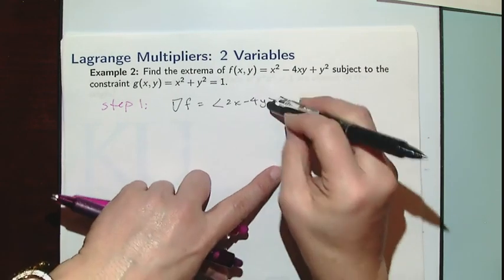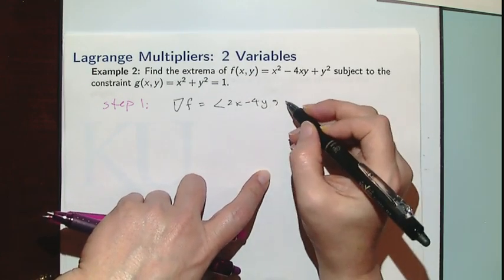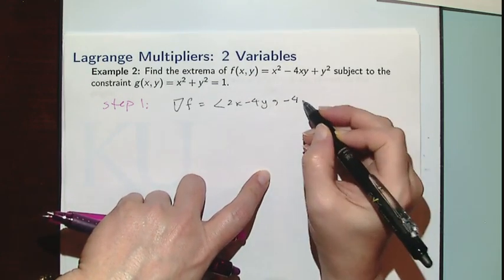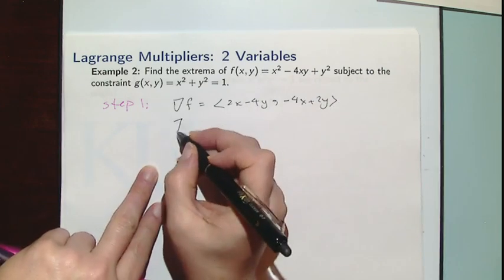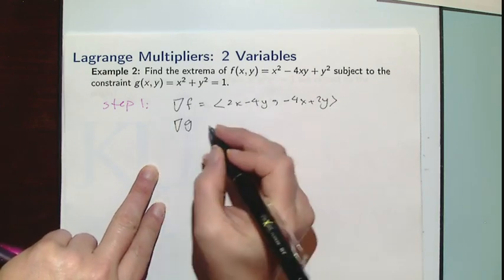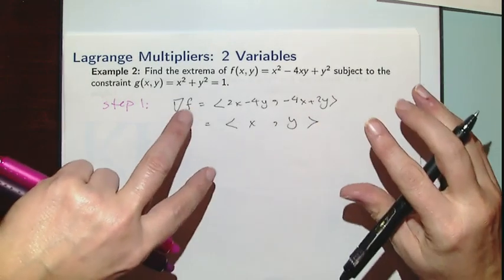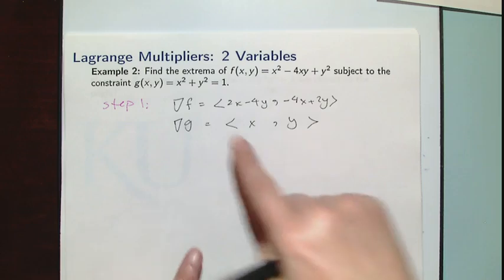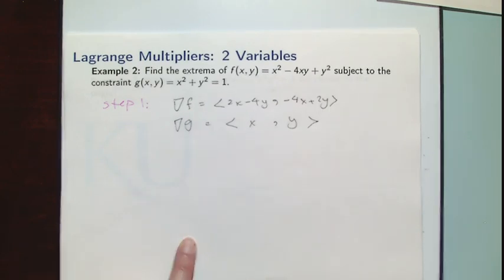Then what's the next one? Minus 4x plus 2y. What's next? Gradients of g, x, and y. The two of them are supposed to be parallel. Parallel means this should be a constant multiple, and I'm going to use lambda. Lambda is not the best, but it's what you see everywhere.